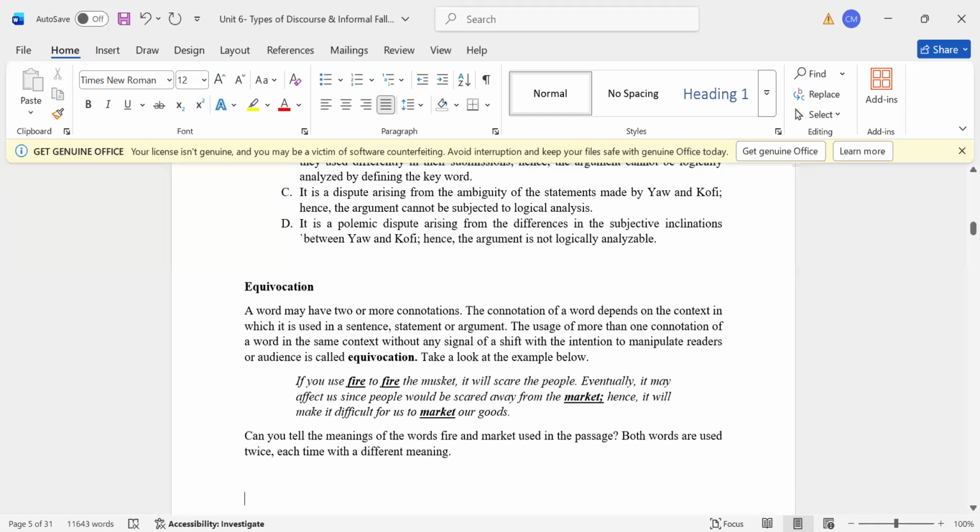Then we move on to equivocation. Now, for the first three we have talked about, you will have 2 or more people engage in a dispute, at least 2 engage in a dispute. But the subsequent ones we are looking at, it is not 2 people engaged in a dispute. It is one person providing a text or writing or saying something, but using one word interchangeably.